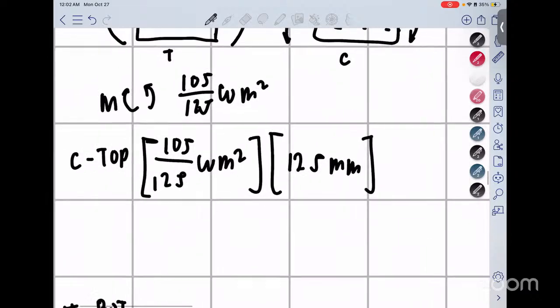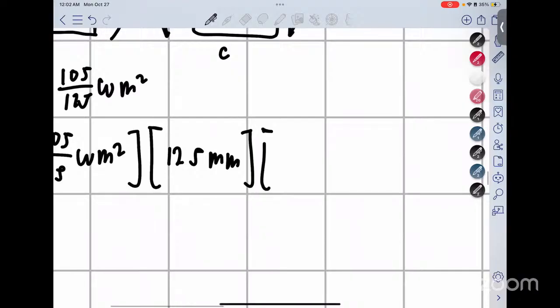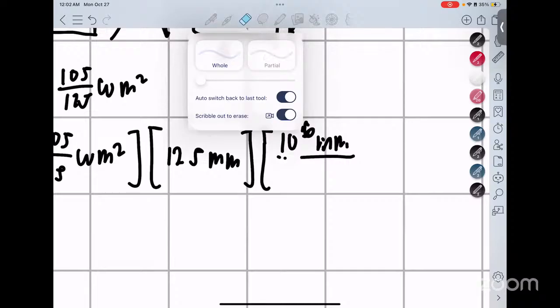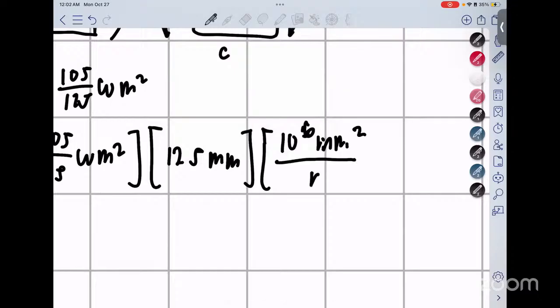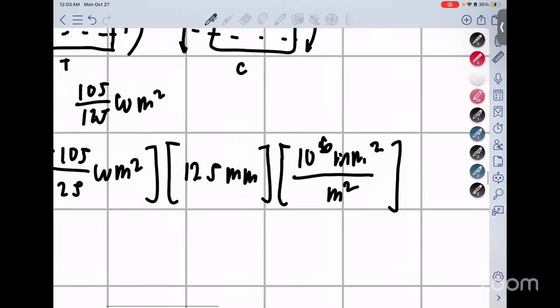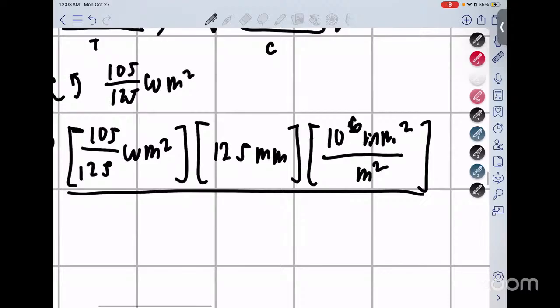Okay, and then let's just do the conversion factor here. 10 to the 6th mm over mm squared over meter squared. What that gets us is, dividing this over I, 53,125 times 10 to the 3 millimeters raised to the fourth.